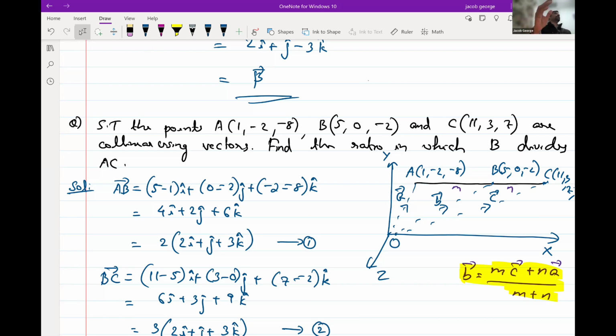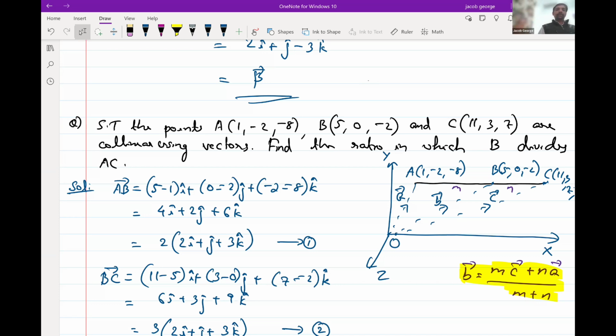Find the AB vector, then BC vector and the AC vector. Then what to do? Find the magnitude. And that way also we can prove if, after finding magnitudes, the sum of two magnitudes is equal to the third one. That is also a correct method of proving collinear. Distance you have studied. That way also we can do.